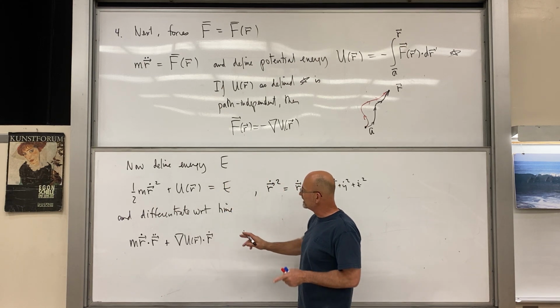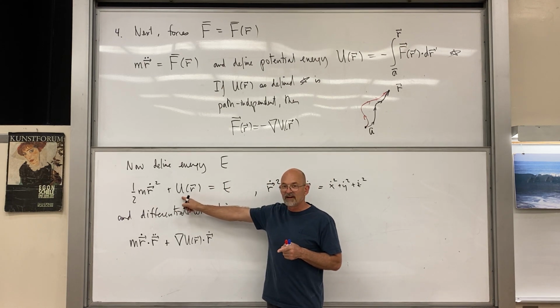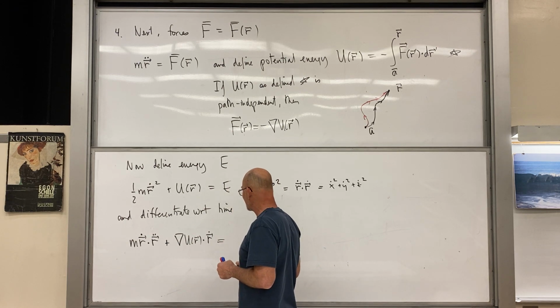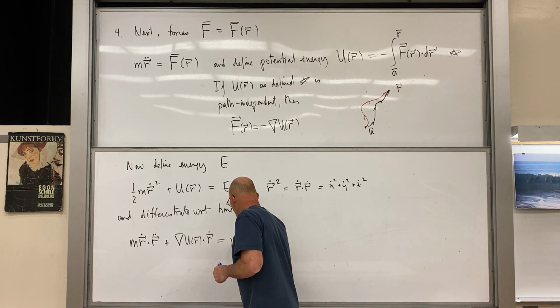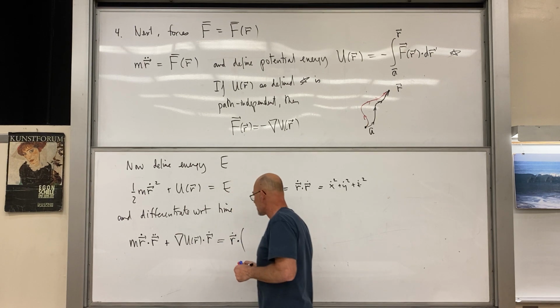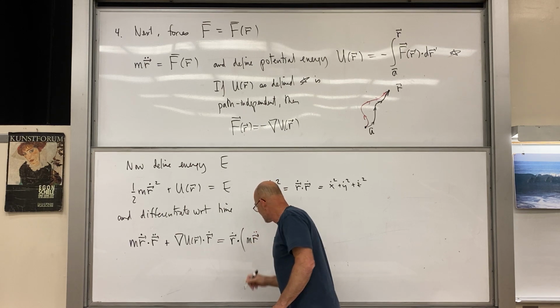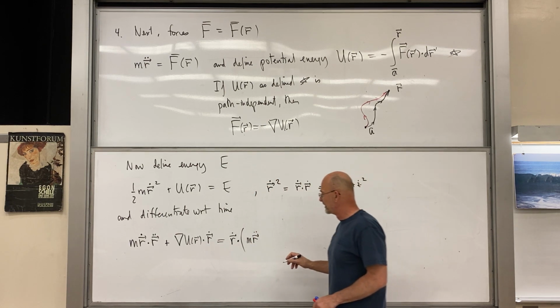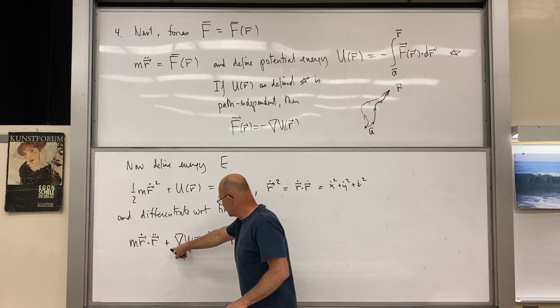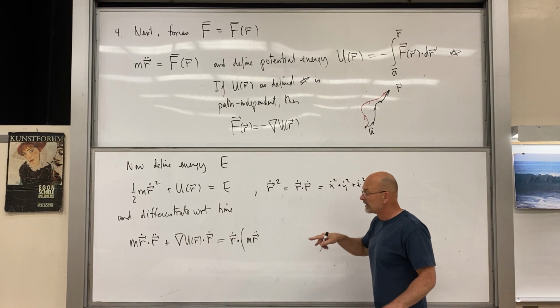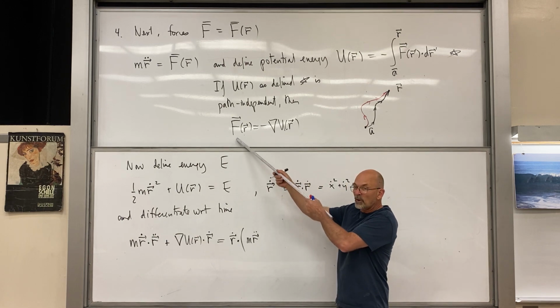So I've taken the complete time derivative of the left side of this equation, and if I factor out r dot, take a dot product, I get m r acceleration. And I factored this out. Now this gradient is minus the force.